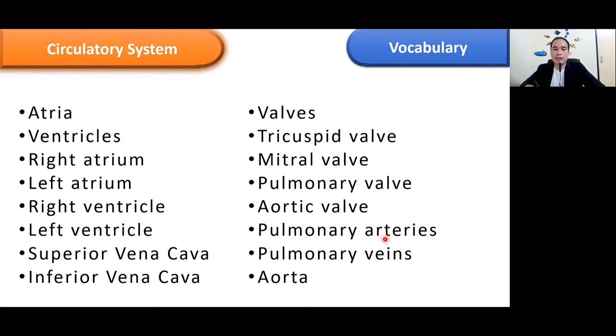Next, pulmonary veins. And our last word, aorta.